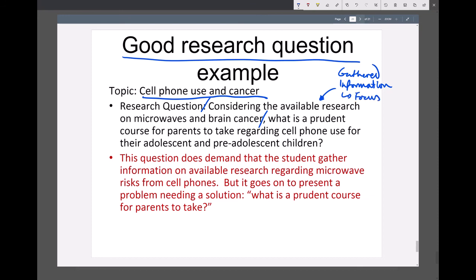So the focus here is microwaves from cell phones and a specific type of cancer, brain cancer, because you put your cell phone next to your head most of the time.